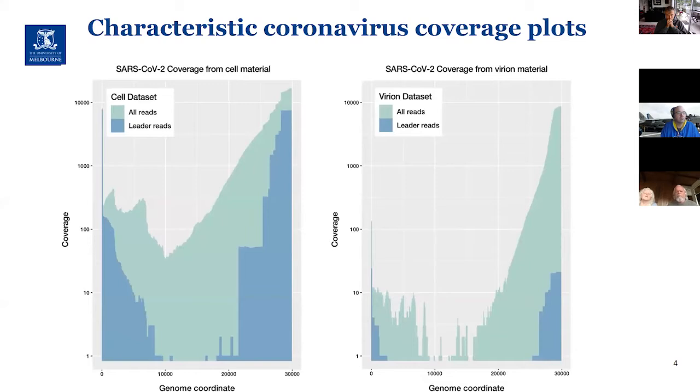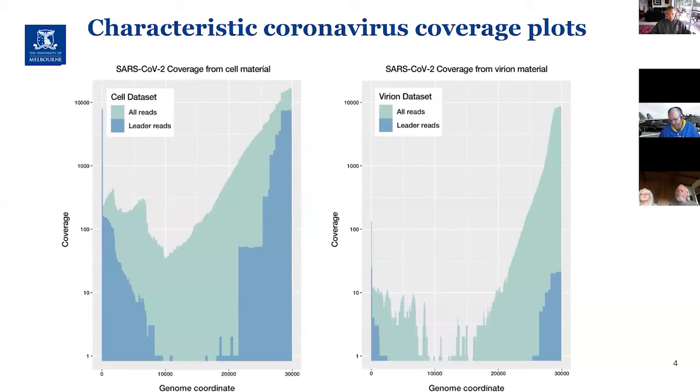So obviously when you do sequencing, the first thing you look at is the coverage. And this is what a characteristic coverage looks like, and it looks like this for all coronaviruses pretty much. So it's a polyadenylated RNA molecule, and that makes it obviously easier to sequence using direct RNA sequencing. Just focusing on the left, we sequenced 2 different types of RNA from 2 different sources.